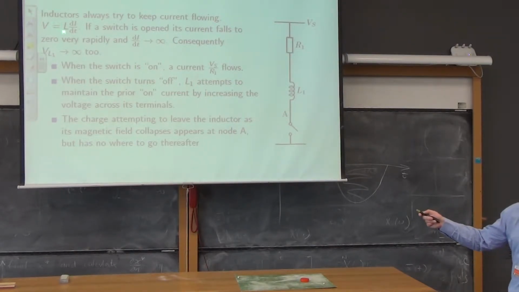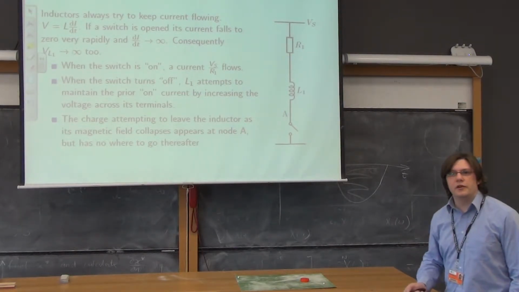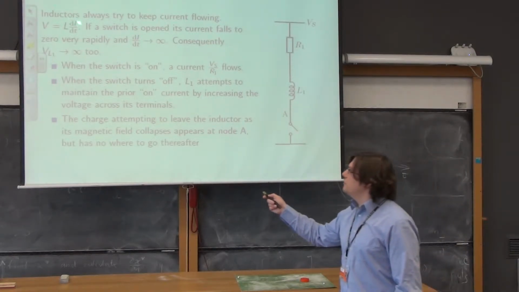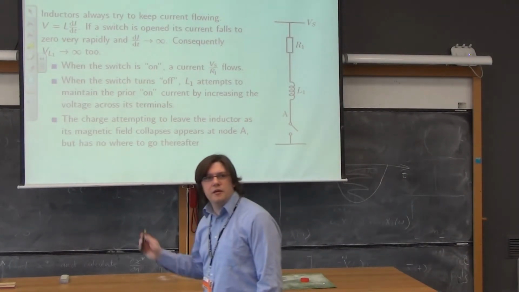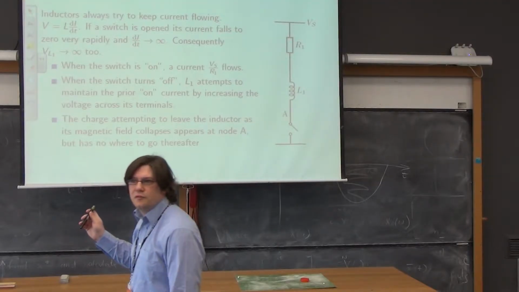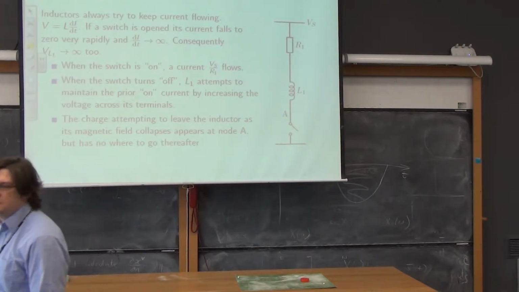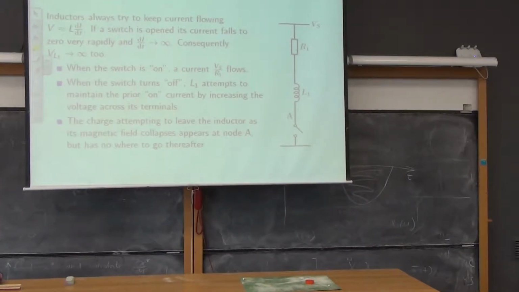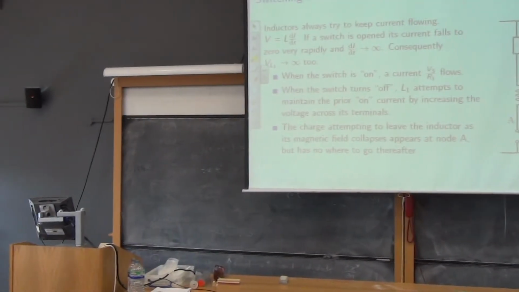It doesn't really matter what L is going to be or what I is going to be, as long as I is reasonable. Say it was an amp, and I had a 10 picosecond switch off time, and L was 1 Henry, just for the sake of argument, that would give me a huge number as V, which is rather a lot.